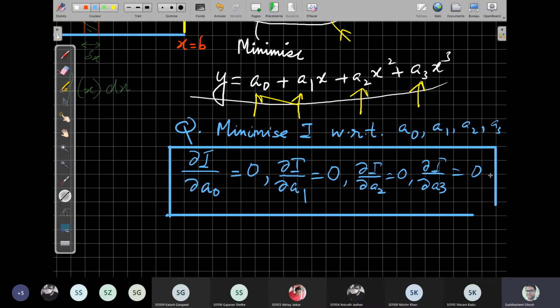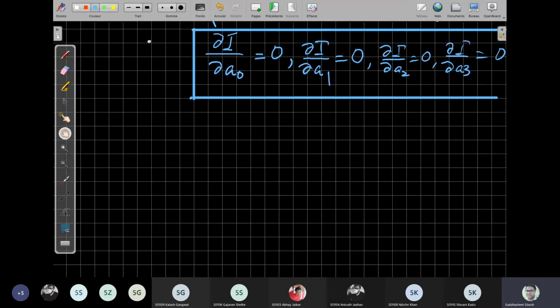Now please remember our trick. Remember our trick. मेरा trick क्या था? So what was the trick that we had used? Remember, the trick was, so let me write it down again. Trick.